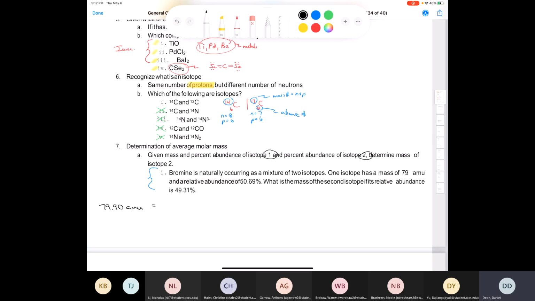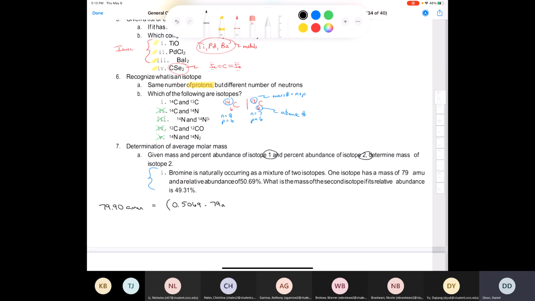Isotope 1 and isotope 2. So 50.69% of the time, or 0.5069 out of 1 of the time, and I'm just expressing this as a fraction out of 1, so 0.5069 out of 1 of our isotopes has a mass of, what, 79?